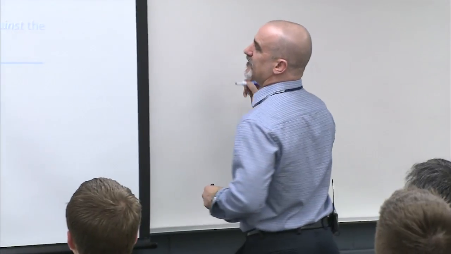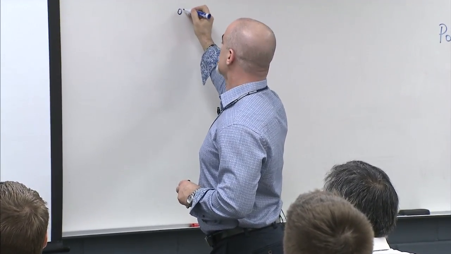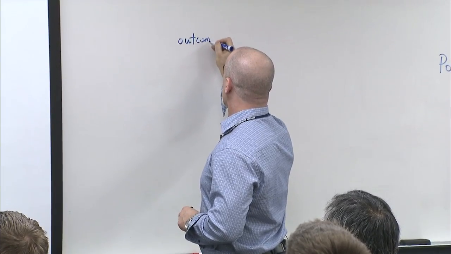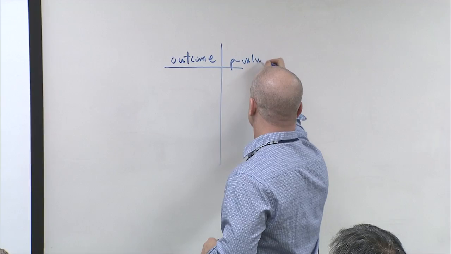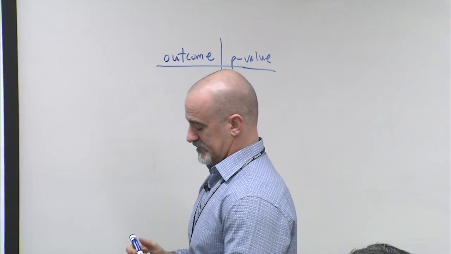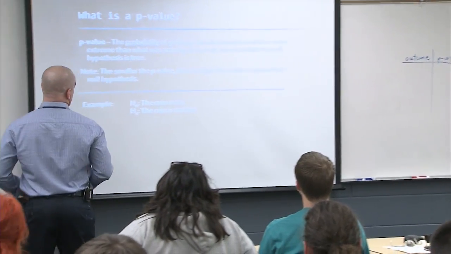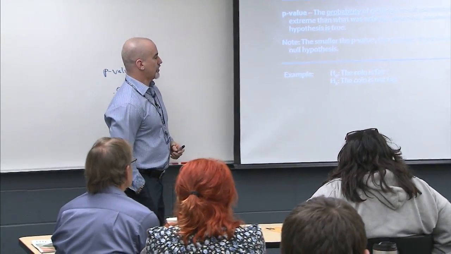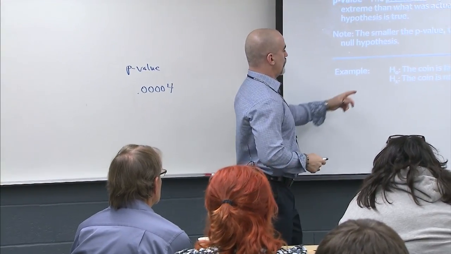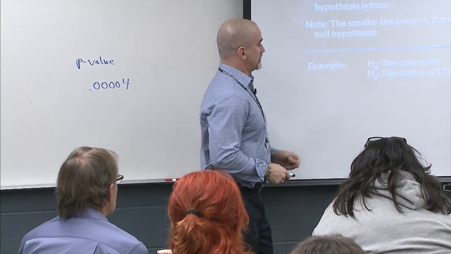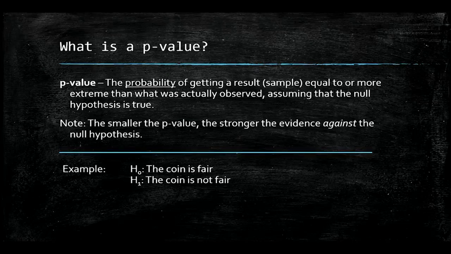So let's say we've got an outcome and a p-value. Let's say I've got a null hypothesis, and I've got a quarter. The null hypothesis is the coin is fair. The alternate hypothesis is the coin is not fair, meaning it doesn't have a 50-50 chance of landing heads or tails.